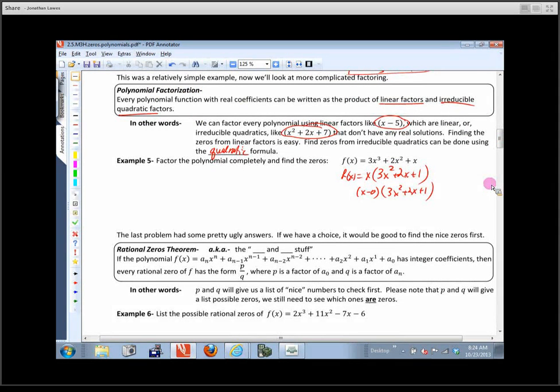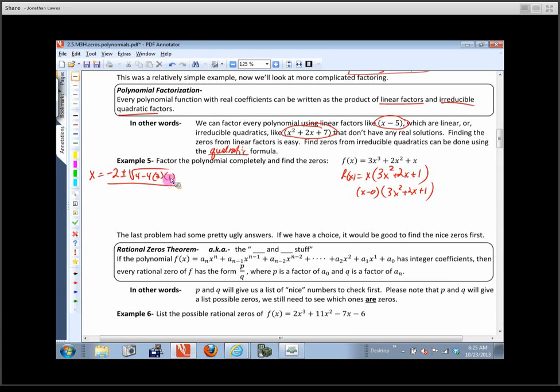Nope. What do we use? Quadratic formula. So it says factor the polynomial completely and find the zeros. I've got one of the zeros and one of the factors. I've got an irreducible quadratic. Let's find the zeros that come from that. So I'm going to write x equals, in descending order, a negative 2 for the b, plus or minus b squared, so that's going to be 4, minus 4 times a times c. You'll remember yesterday I said there were people that made lots of mistakes on this, so please be careful.